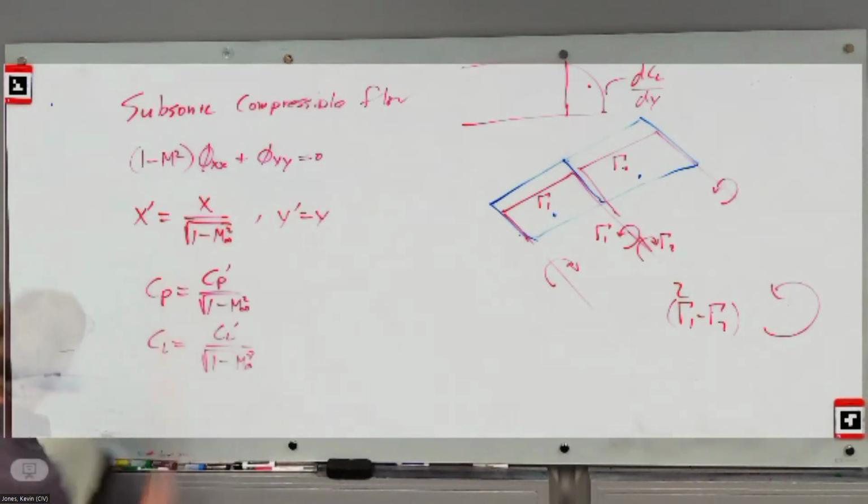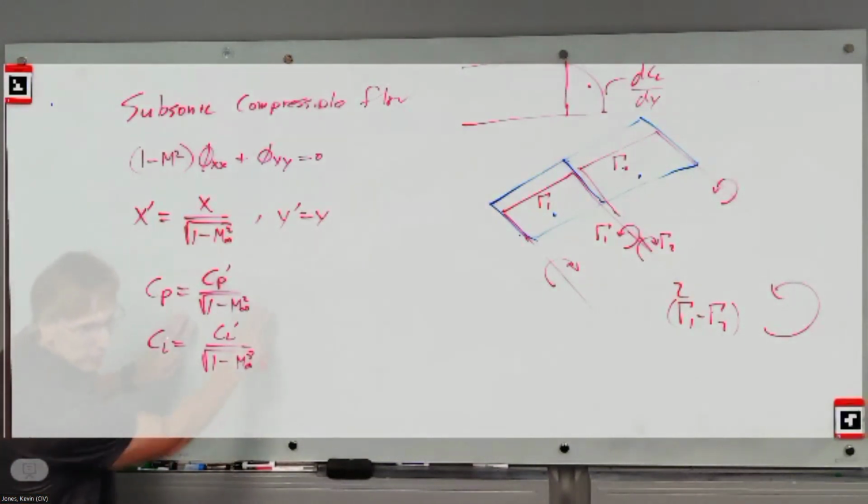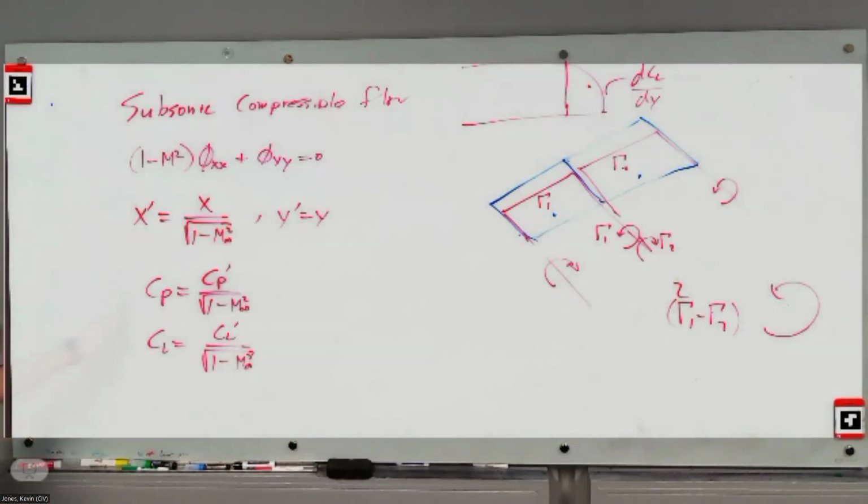You do that with all of the parameters, and it's kind of cool because now you can go back to everything you know for incompressible flow, and by just applying this transformation, you can get good estimates of the performance of a wing. It's not perfect. It's perfect within the realm of this kind of linearized approach. Just applying that, it's kind of useful. It's really like stretching space in one direction in order to take away the compressible aspect of it.